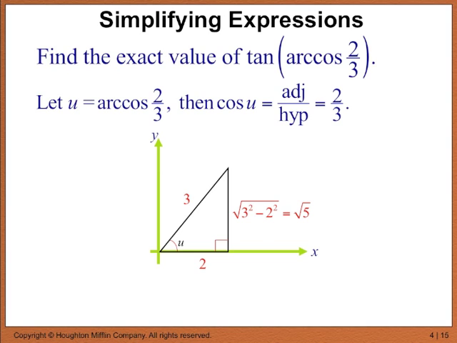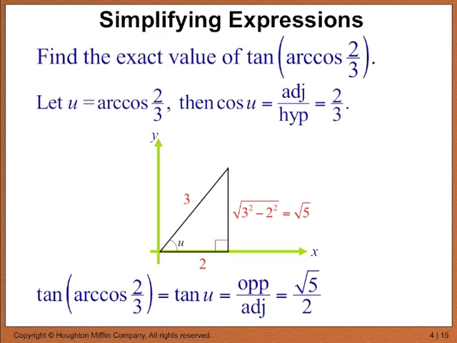That's just a consequence of the fact that shorter leg squared plus longer leg squared equals hypotenuse squared. And so the answer, since you were asked to find the tangent of u, and since tangent is opposite over adjacent, is root 5 over 2. Root 5 over 2.